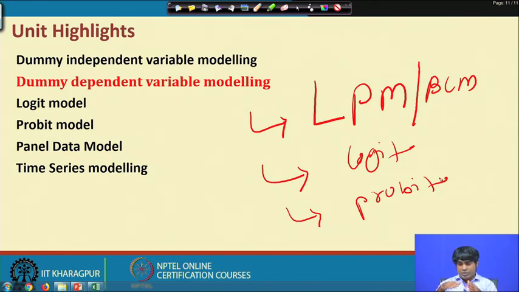That is how it is called the linear probability model. The second one follows the logistic function. The third one follows the normal density function. So, let us discuss the first one. Of course, it is not in the nonlinear form of models, but we should know the basic background behind this linear probability model.